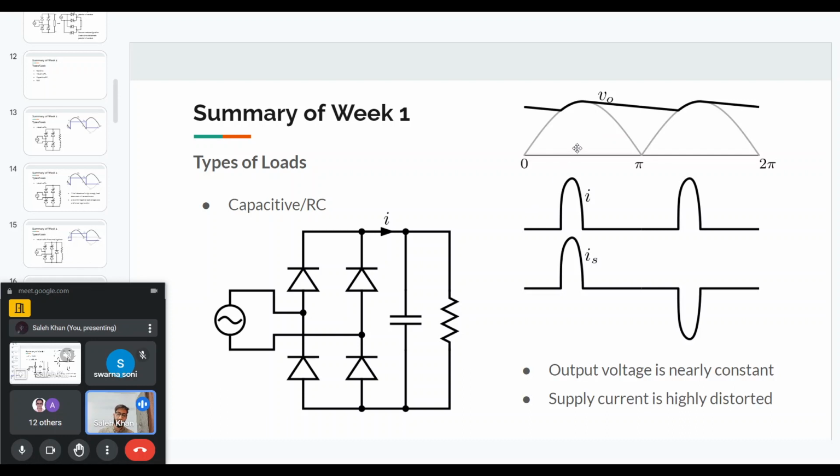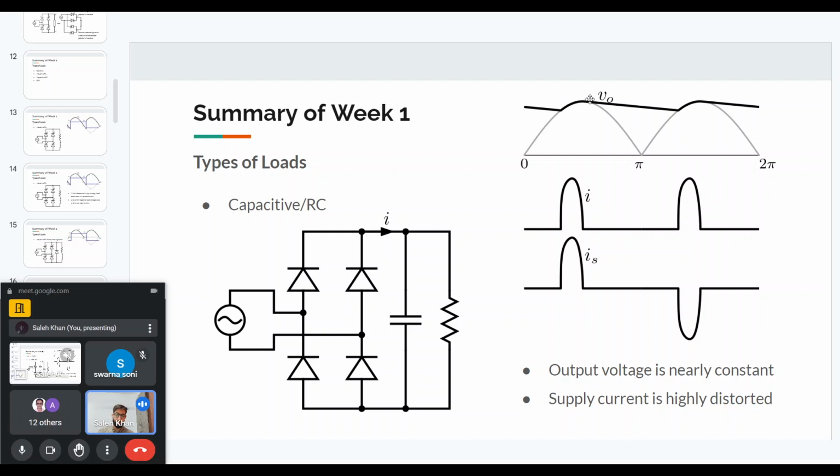So in this case, the output voltage will look like what we have at the top. What I have shown in gray is basically the rectified voltage that should have been at the output of the rectifier. But because of the capacitor, the output voltage will not follow these sinusoidal pulses. The capacitor will retain its voltage.